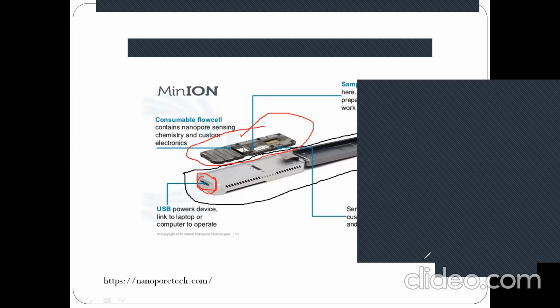If only 100 or 150 pores are still available, your sample run will not be completed in a proper way. In that case, you have to replace your flow cell.